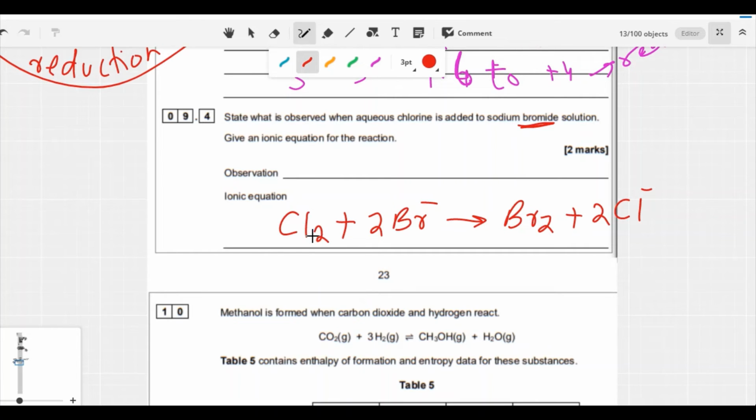You can see the chlorine changes from 0 to -1, while the bromine changes from -1 to 0. So there will be a yellow or orange solution formed.